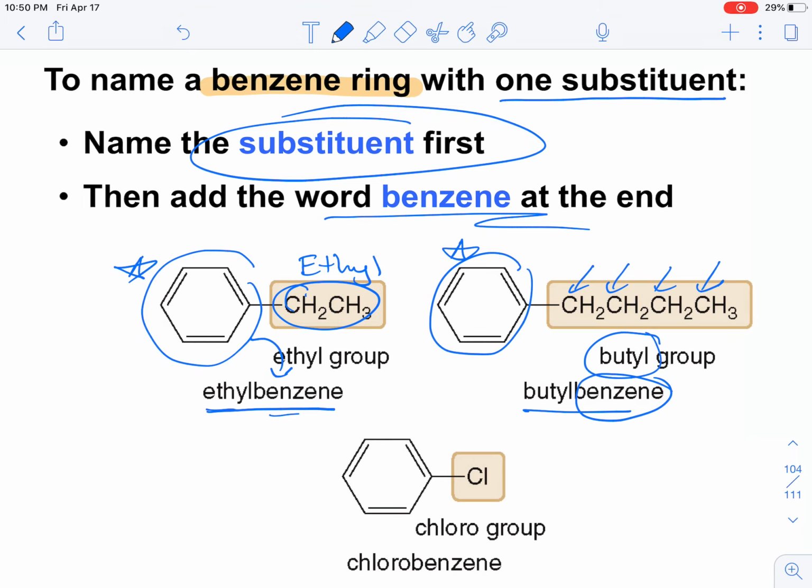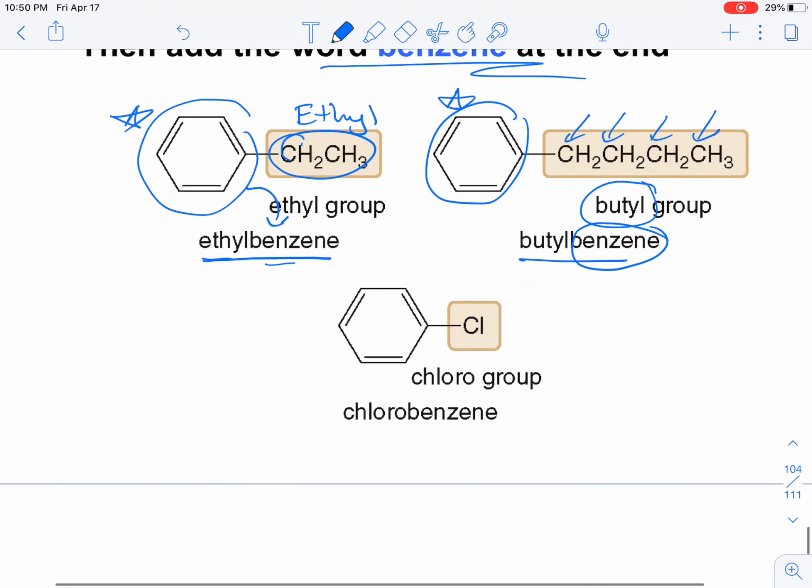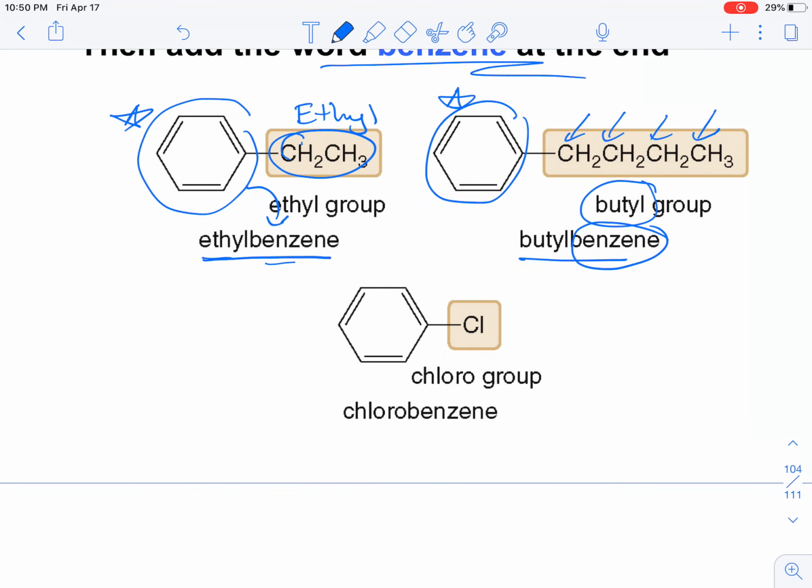So that's why it's called butyl. And so once you guys have identified your substituent, you just write the substituent first. You name the substituent first, and then you're going to add the word benzene at the very end to represent that benzene is the parent compound of that structure.